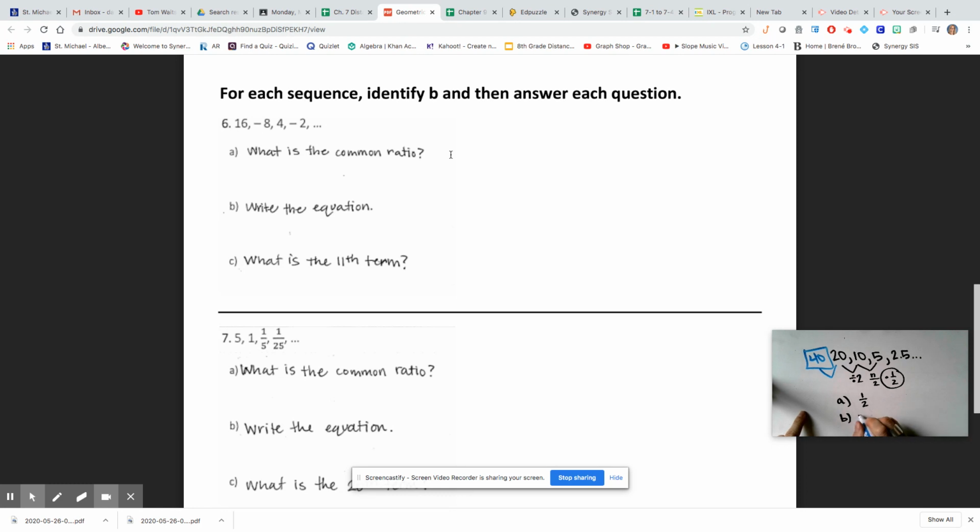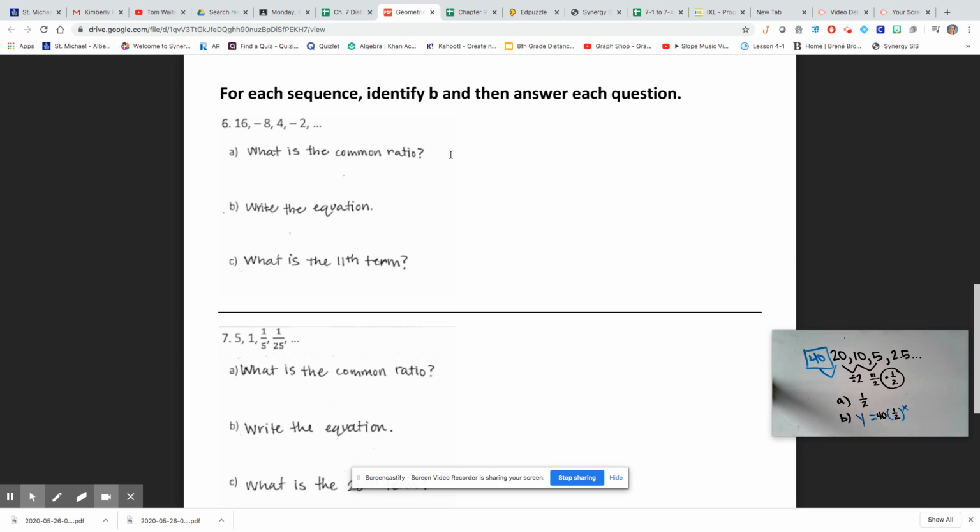So if I go to write my equation in the form a times b to the power of x, I need to plug in these two numbers. So my equation would be y equals 40 times 1/2 to the power of x.